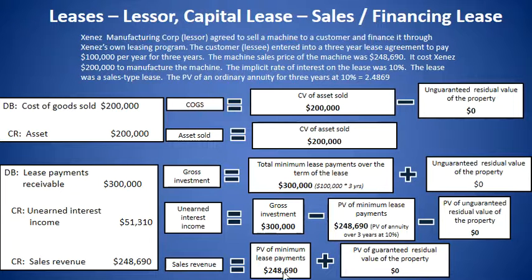So the present value of the minimum lease payments was $248,690, plus we would add in any present value of guaranteed residual value of the property, which in this case is zero. So the total sales revenue would be $248,690.